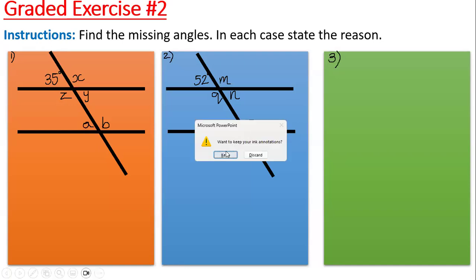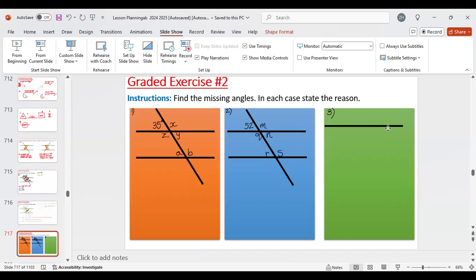Write down the reason too. Yes, in each case, write down the reason, like I said.